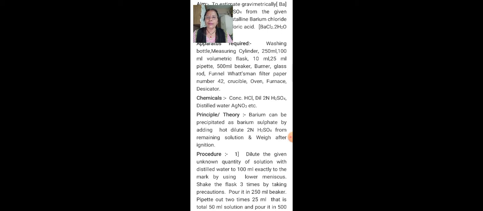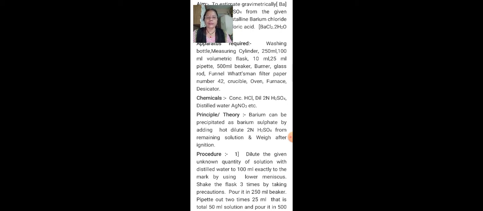As we are performing the gravimetric quantitative analysis with barium, the solution is of BaCl2, and we have to take it as barium in the form of barium sulfate. By using the reagent 2 normal H2SO4, barium chloride turns into barium sulfate and is precipitated out.